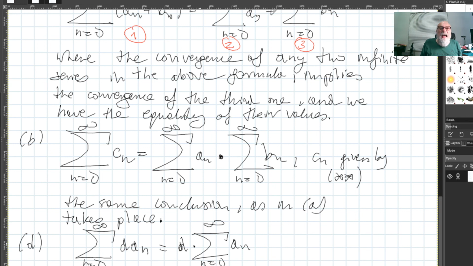This is kind of the distributivity property. Of course, if one of these series converges, then the other one will also converge, only in the case when D is not equal to 0. The same conclusion is true.